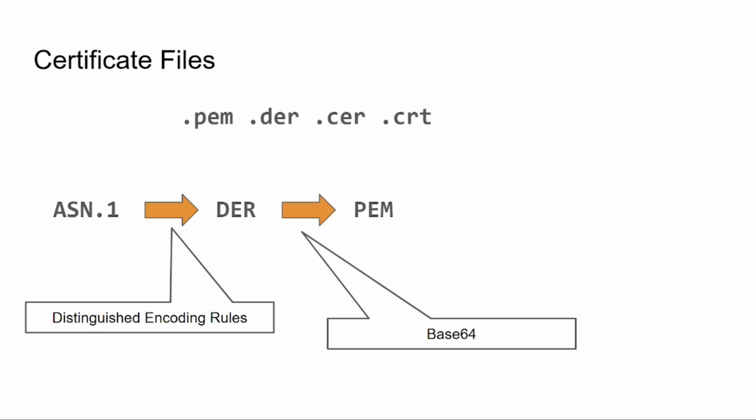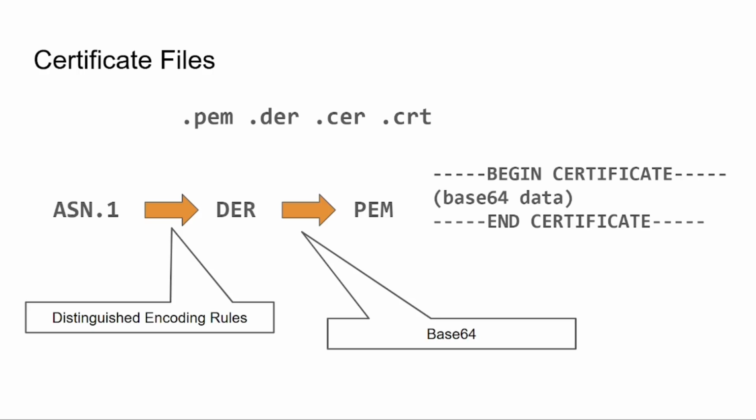So they did what all email systems still do. They converted the binary to base 64. You also put a couple of lines around the base 64 indicating that that data is a certificate. But bottom line is the PEM file is just the DER file base 64 encoded.